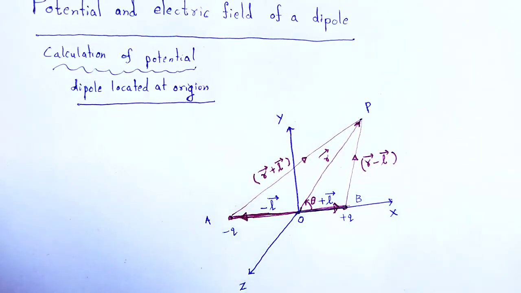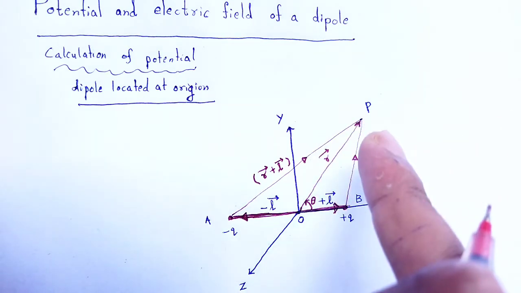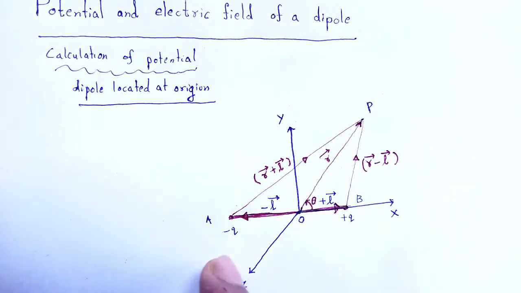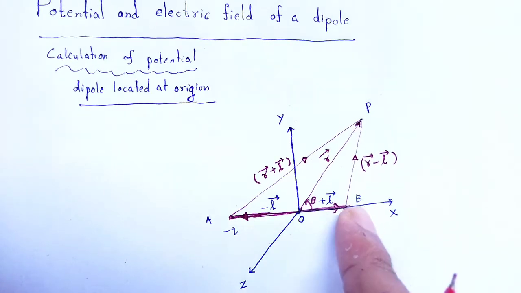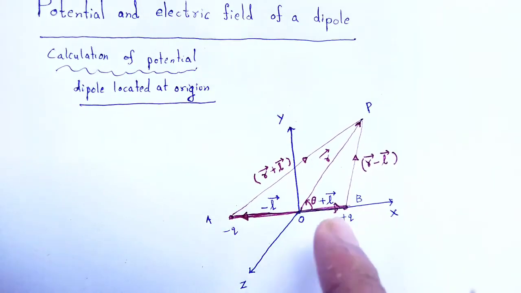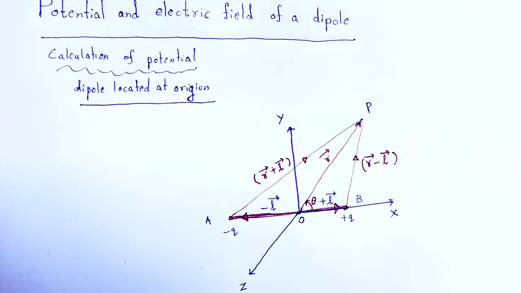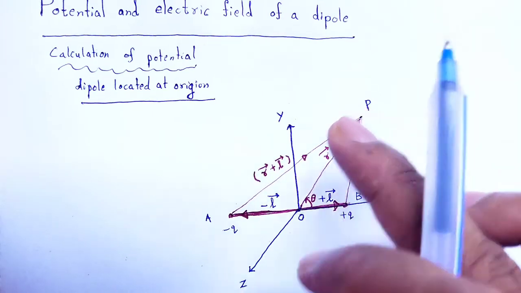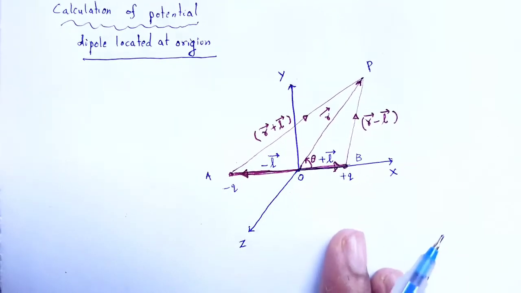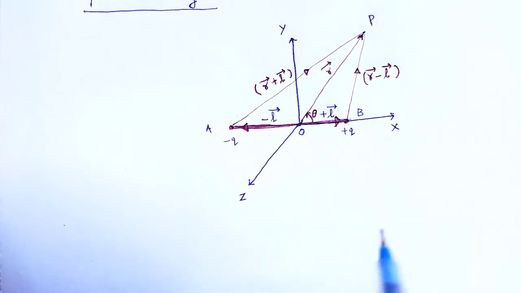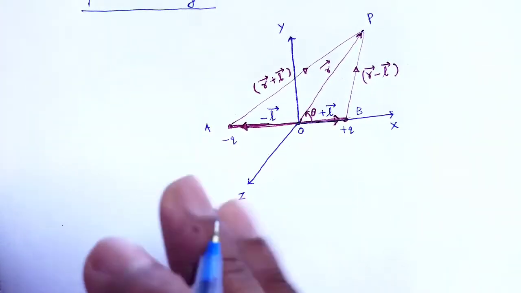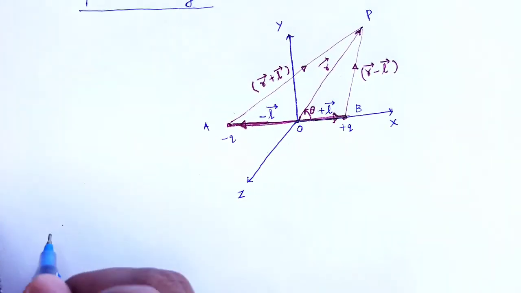Then we can find out the potential at point P due to these point charges. So, potential at point P due to minus q charge, how much?